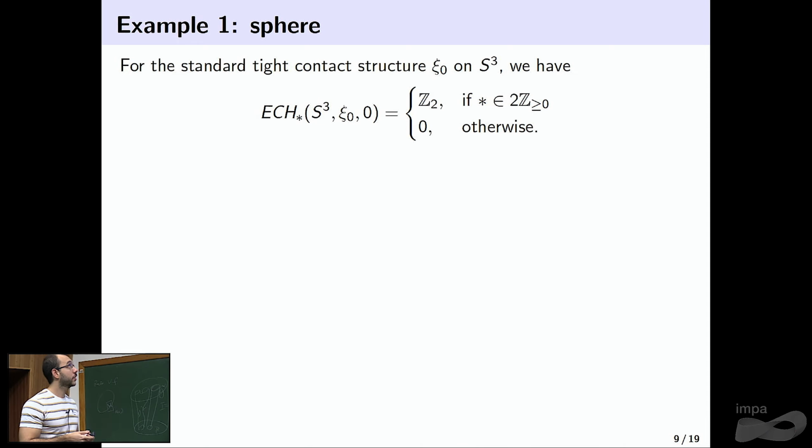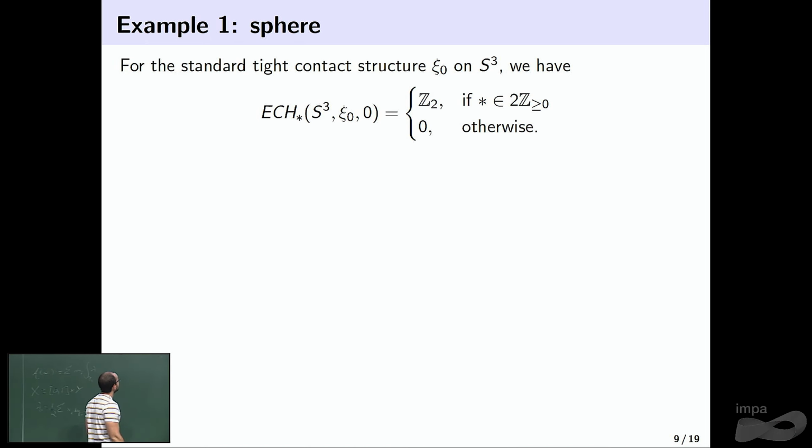And then you just need to prove that the ECH index gives a bijection between the generators and the non-negative integers. So that's a way to do this. And this is completely written in the lecture notes that I mentioned.